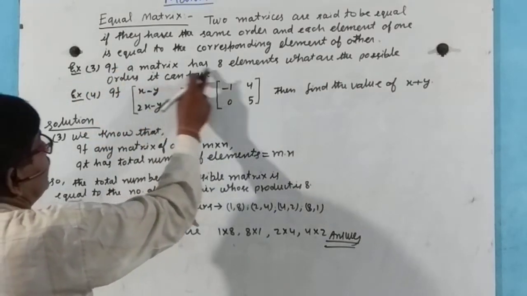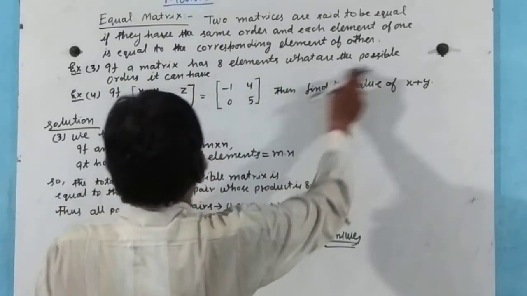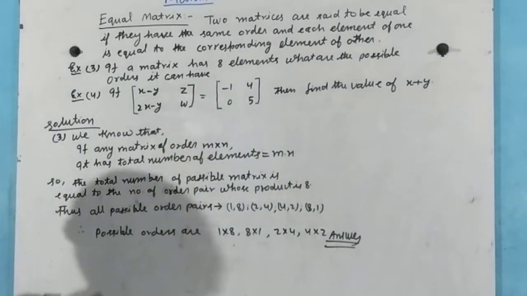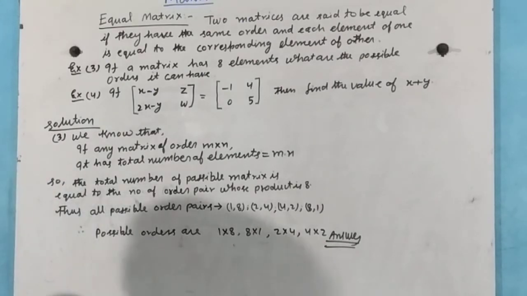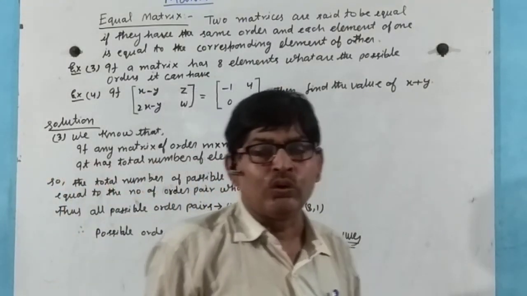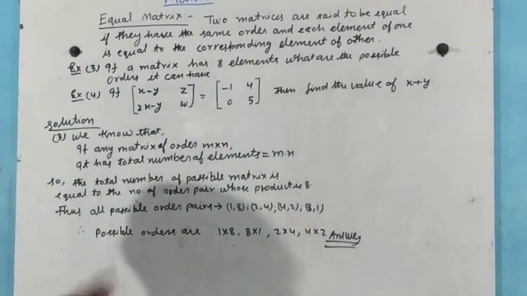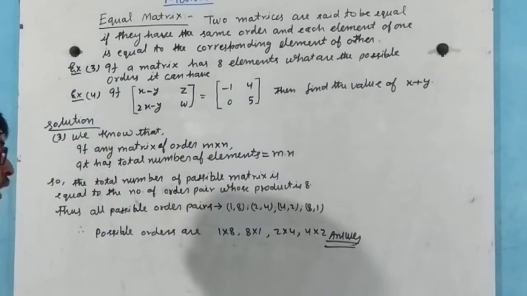If a matrix has 8 elements, what are the possible orders it can have? Now we know that if any matrix is of order m cross n, then the total number of elements will be equal to m into n, that is the product of rows and columns.